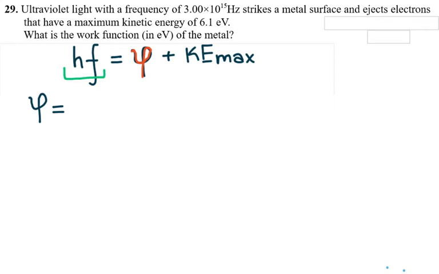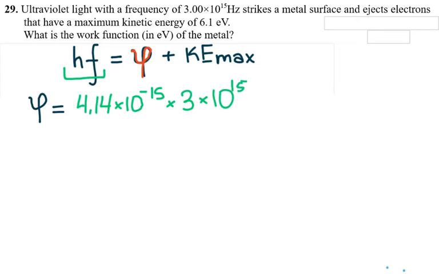So they give me the kinetic energy of the electron in electron volts, so I'm going to plug in my Planck's constant in electron volts, which is 4.14 × 10^-15, and then the frequency is given, 3 × 10^15, and then minus.